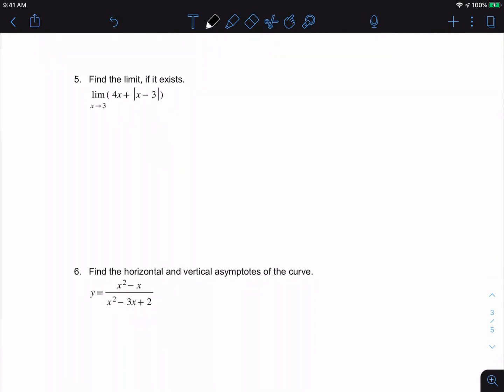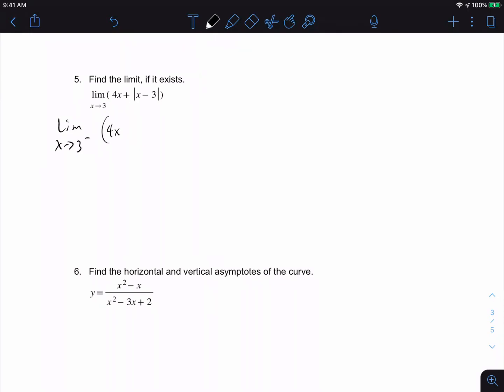This is a problem that you guys should all be able to do. So as we're approaching 3 from both sides, is this in agreement? So for me, the way I would demonstrate it is I would go from the left. And since I'm coming from the left, the critical number is 3.